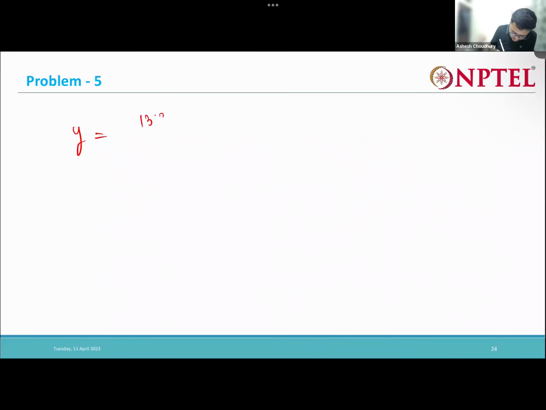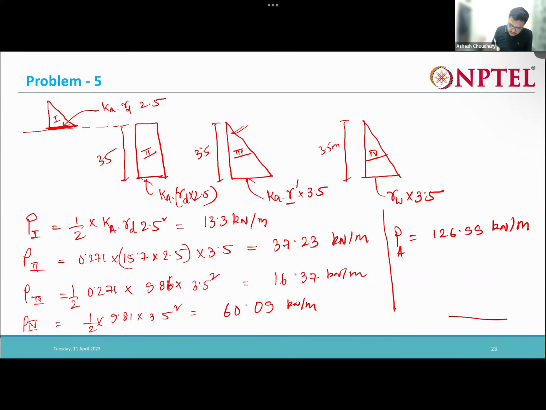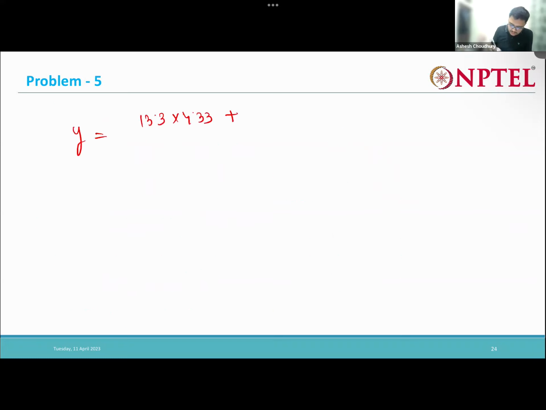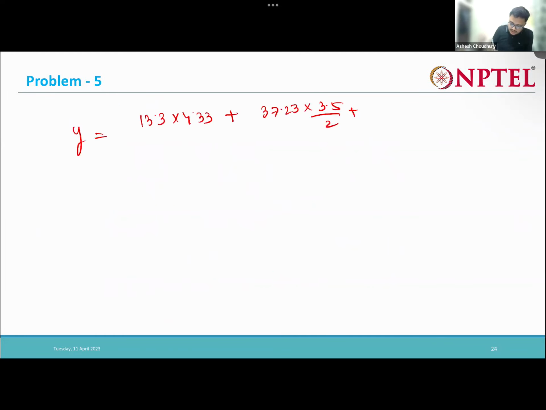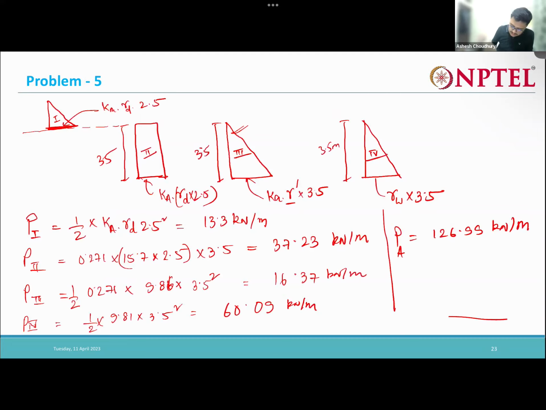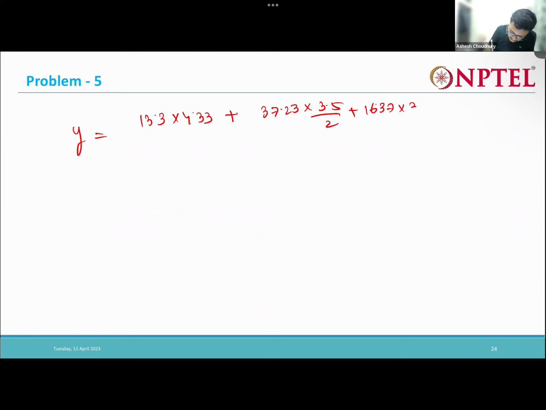So 13.3 into 4.33, plus the next one, 37.23 into 3.5 by 2, plus 16.37 into 3.5 by 3, plus 60.09 into 3.5 by 3, divided by 126.99.